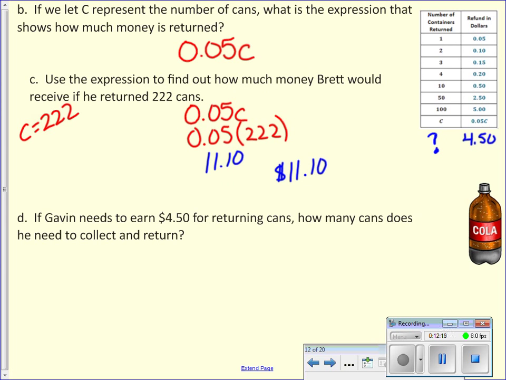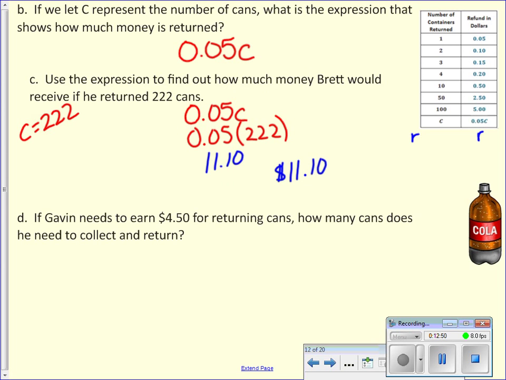So if that's my refund, what do I have to do to find out how many cans? If I multiply to go that way, what am I going to do to go that way? Divide. So what's my equation going to be? Let's use R for our refund.